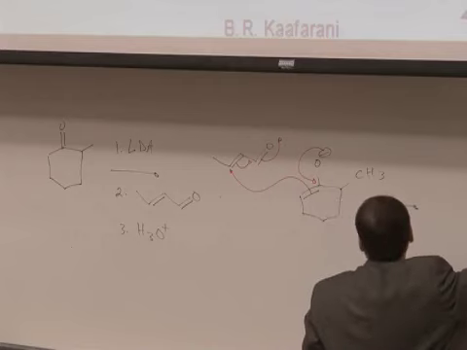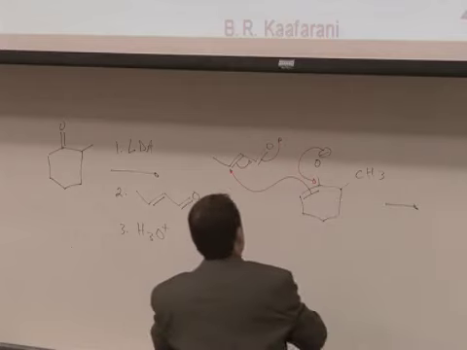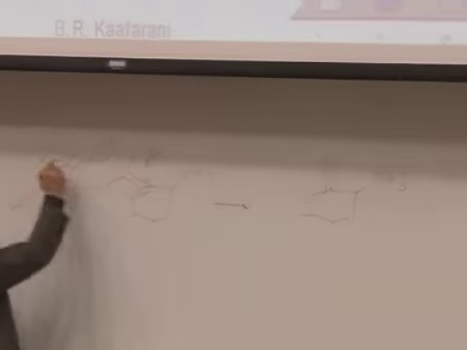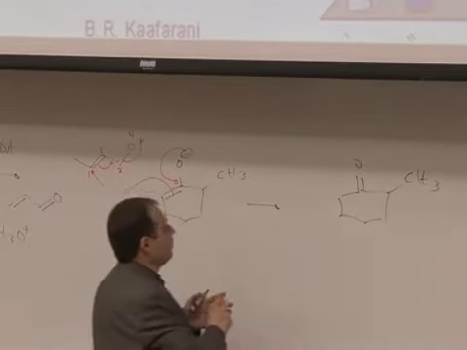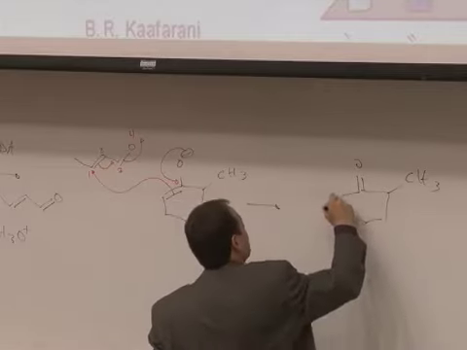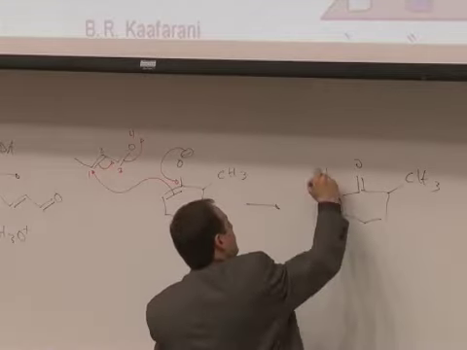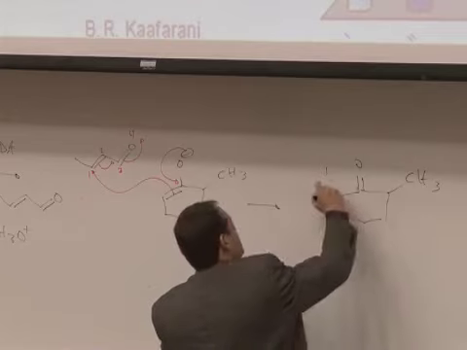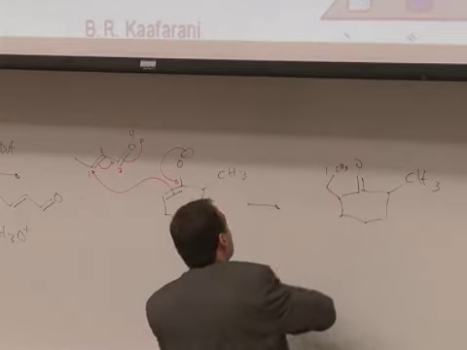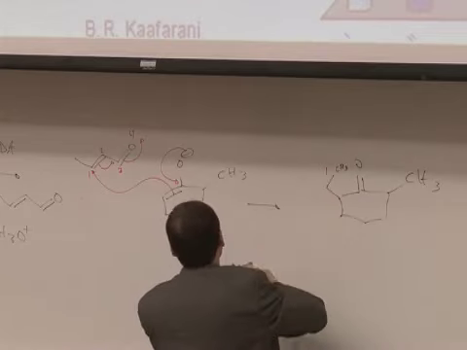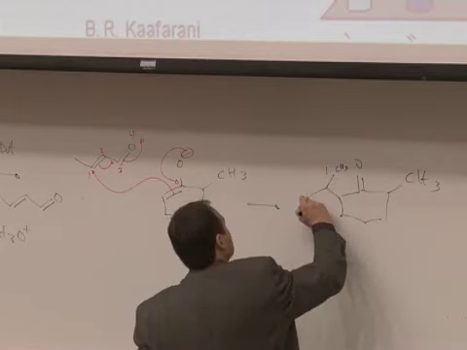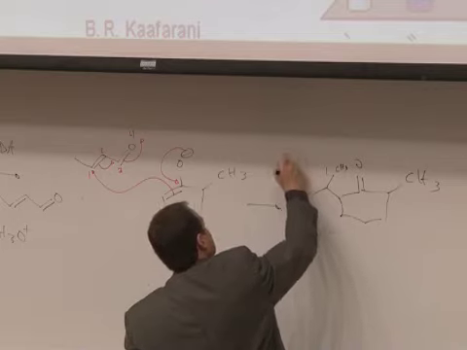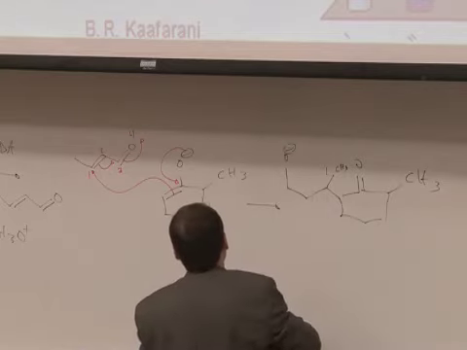Double bond O, CH3. And now let's call this 1, 2, 3, and my oxygen is number 4. This is attached to carbon number 1 that has a CH3 group. Number 1 is attached to 2, which is attached to 3, which is attached to O minus.